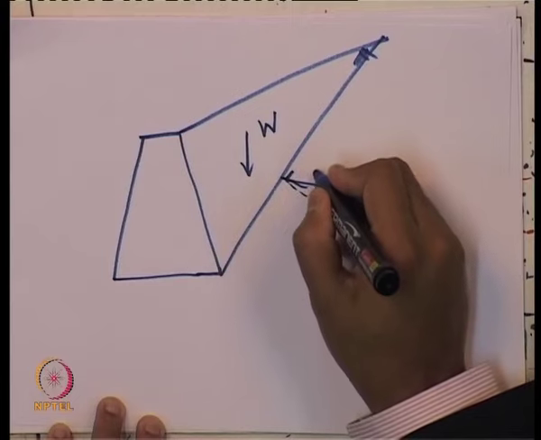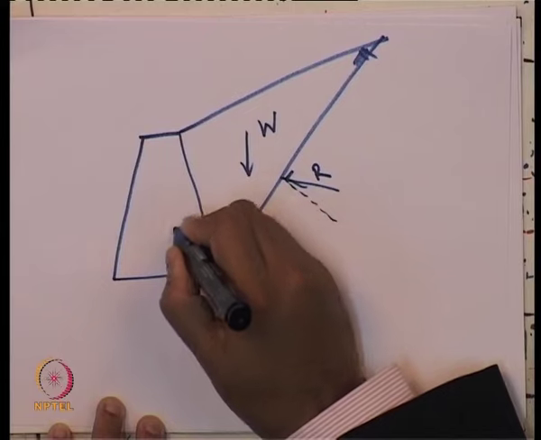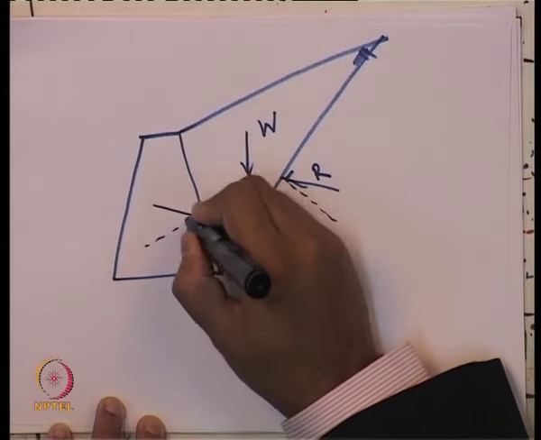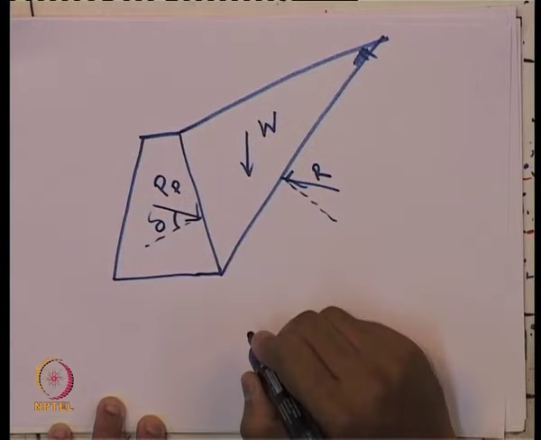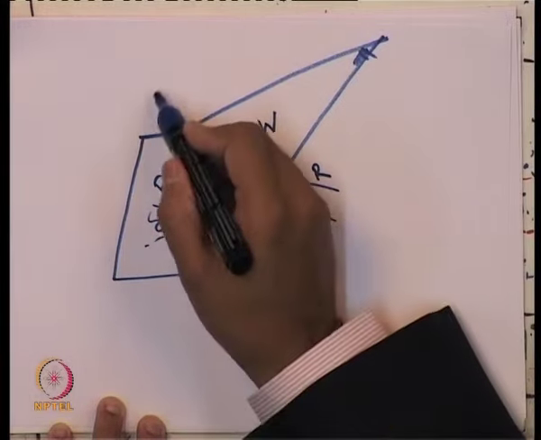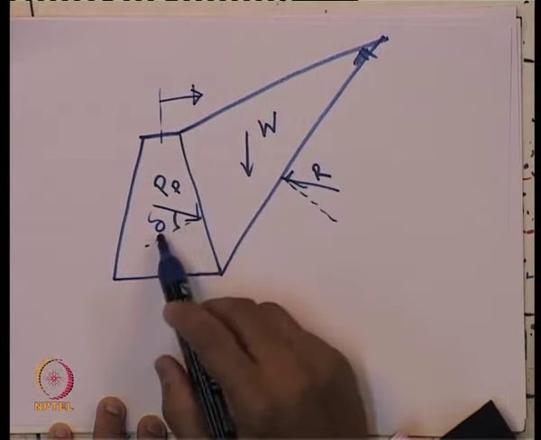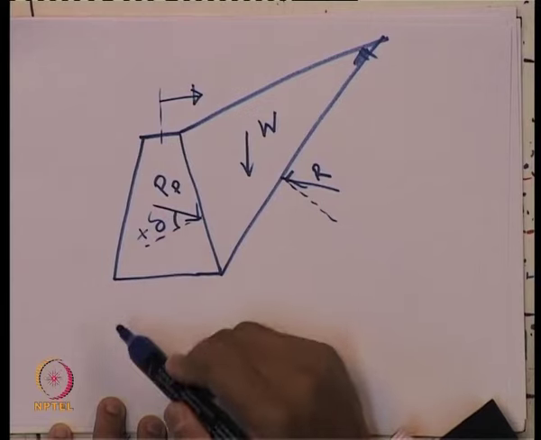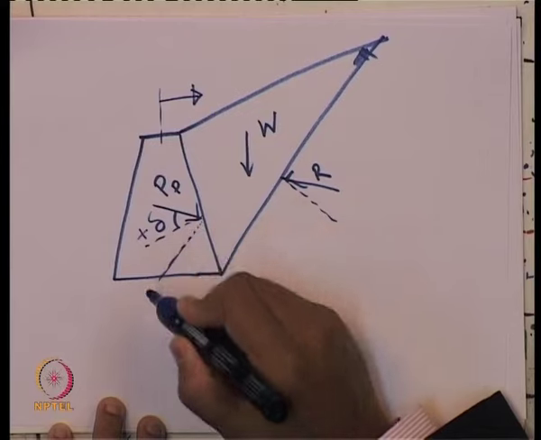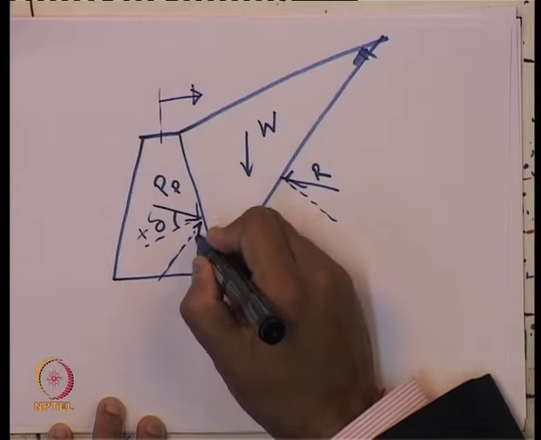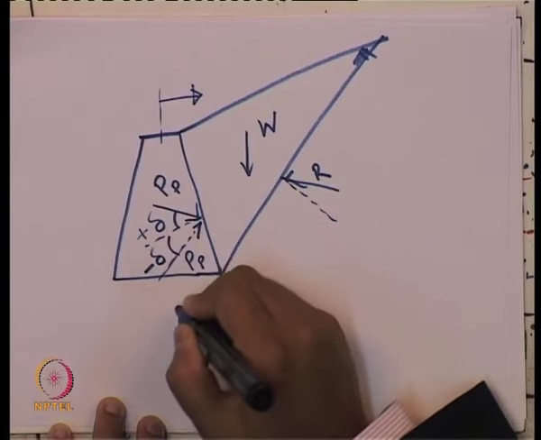For the passive condition, this is the R. Now, as we have seen already, the P p value will be acting over here at an angle delta. This passive earth pressure, when the wall tends to move in this direction, is called positive delta. But there can be a few cases where this passive force may act in this direction also, which is called negative delta.